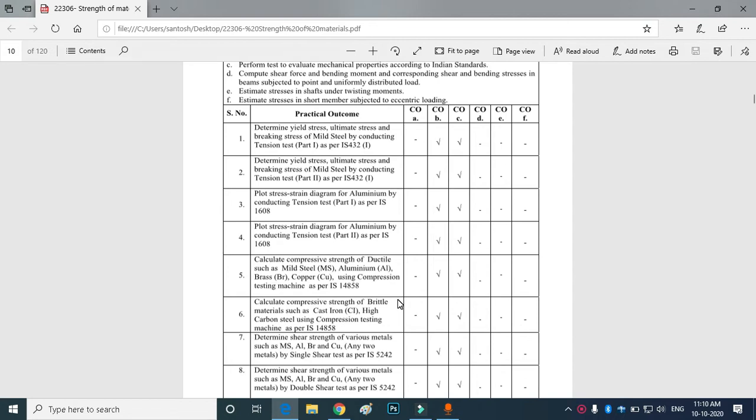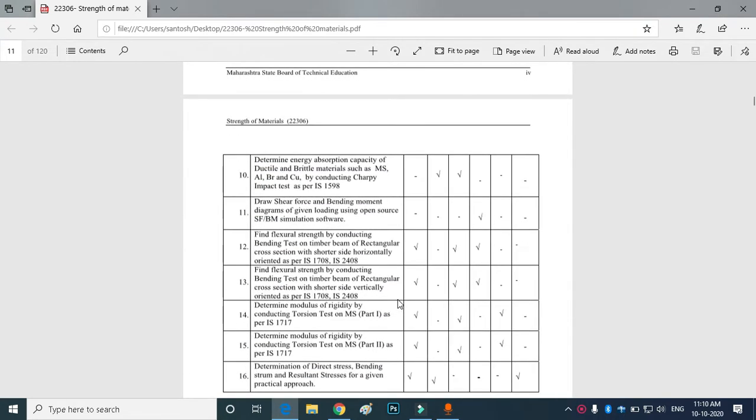So first we will begin from our 11th practical, that is draw shear force and bending moment diagrams and give loading using open source SF, that is shear force oblique BM, that is bending moment simulation software. So for this particular practical you need to use the software.